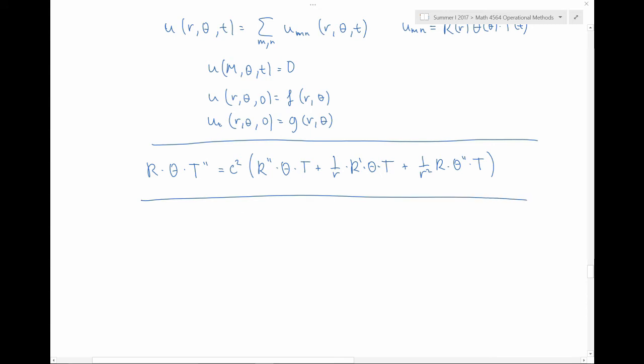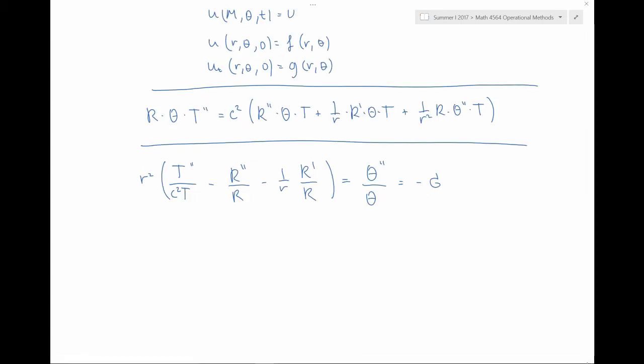So if I single out theta, I get this equation: r squared times T double prime over c squared T minus R double prime over R minus 1 over r times R prime over R. All of that should be equal to theta double prime over theta, and that has to be some constant sigma.